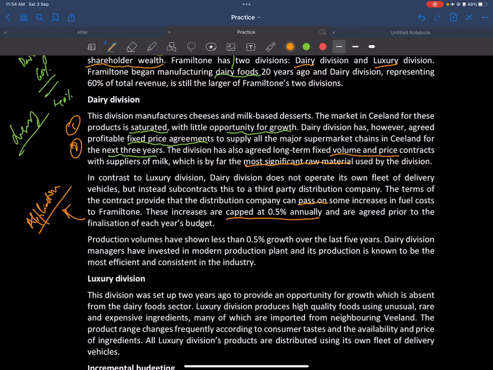I got the input price or the significant raw material cost, that's the third point, right? The fourth point was any cost is known beforehand, right? So basically for delivery as well, we know the cost. So I've got 4 different points from the scenario for a particular division called dairy division, right?